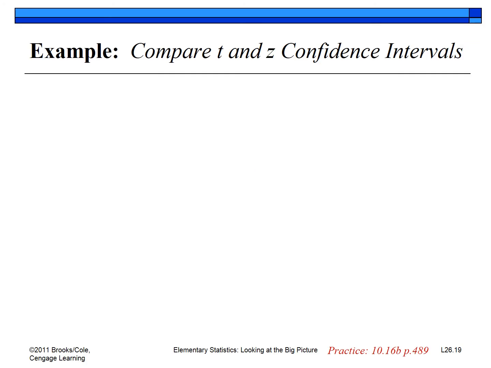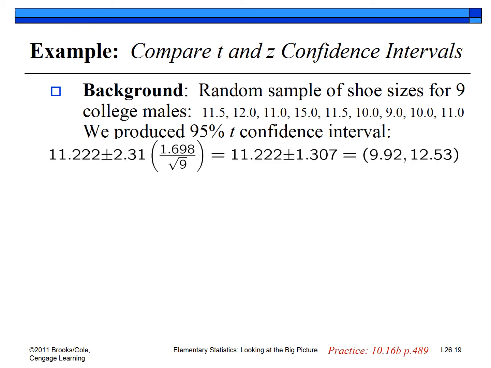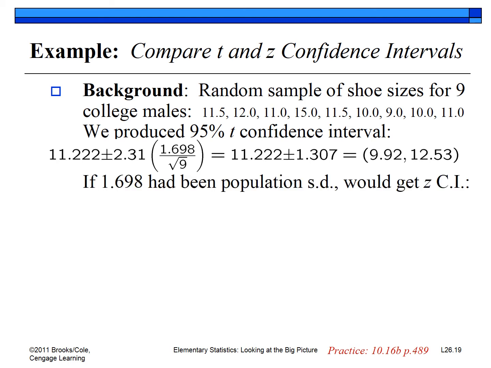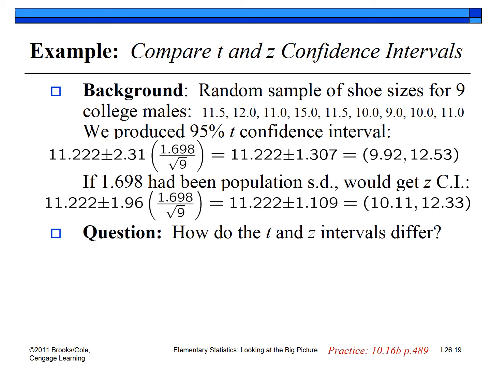Now, looking back at our confidence interval for shoe sizes, we got a confidence interval at 95% confidence of 9.92 to 12.53. We got that using the t distribution. If that 1.698 that we got from the sample standard deviation had actually been the population standard deviation, then this would be a z standardization and a confidence interval using the z distribution. So we'll use 1.96 for the multiplier, which gives us a confidence interval from 10.11 to 12.33.